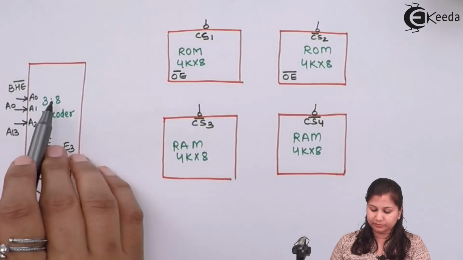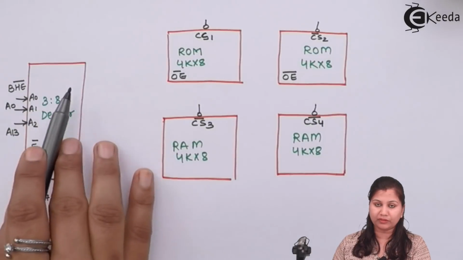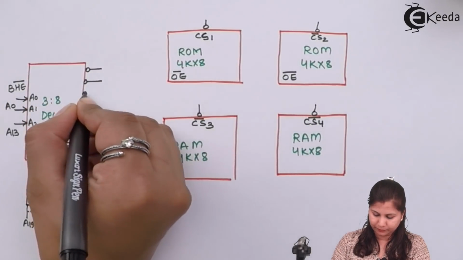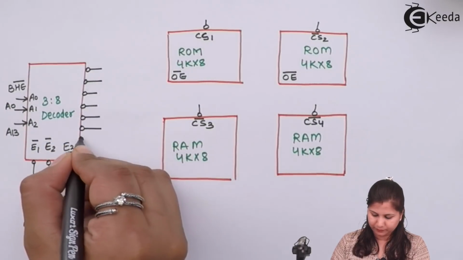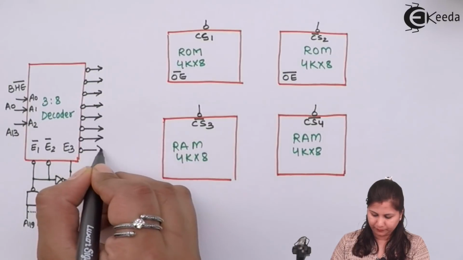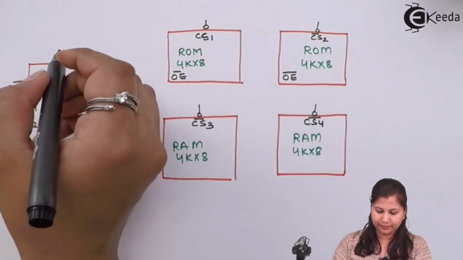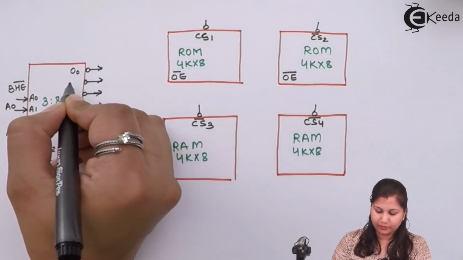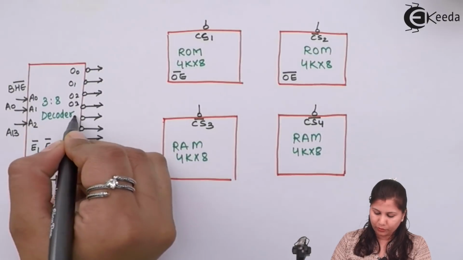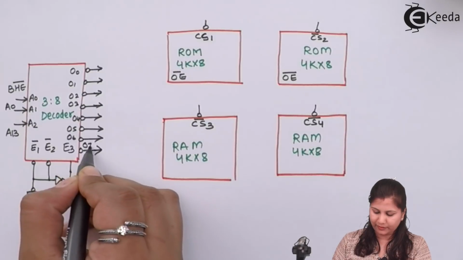Now this is the 3:8 decoder. We have 3 inputs, so we will have 8 output lines here. These output lines are denoted O0, O1, O2, O3, O4, O5, O6 and O7.